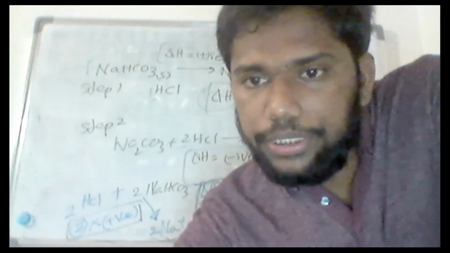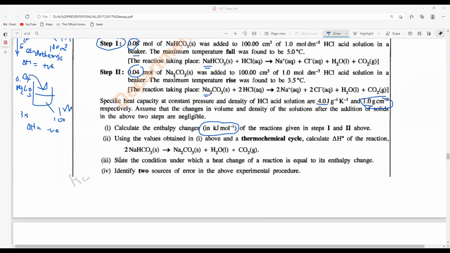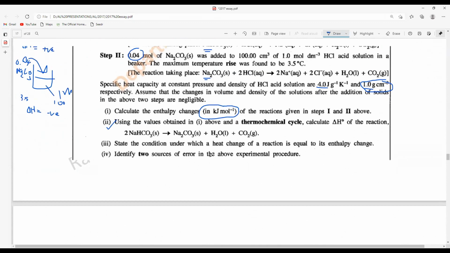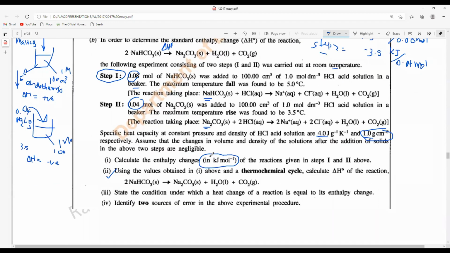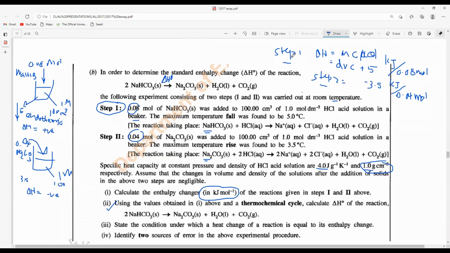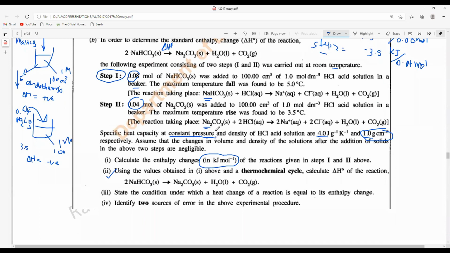So I will come to the question now. You can use this thermochemical cycle to find the answer for this particular question. State the condition under which a heat change of a reaction is equal to its enthalpy. So normally we calculate this as the heat change, but at constant pressure, which is also given here in the description they have given.